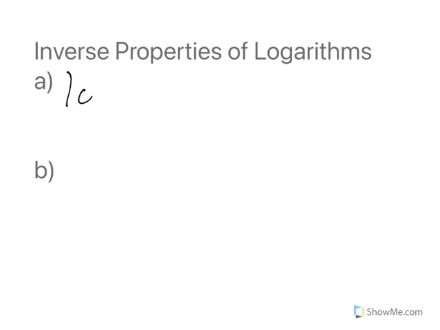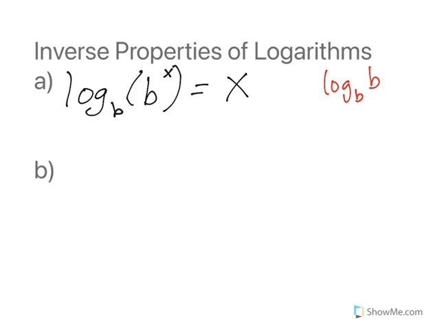Moving on. The inverse properties, these are ones that sometimes take a little longer to get in your head. So if I have the log of B to the x base B, this is the same as just x. And that is because if we look at log of B to the B, just that piece, well, think about it, it has to equal something. Well, B to what power equals B?